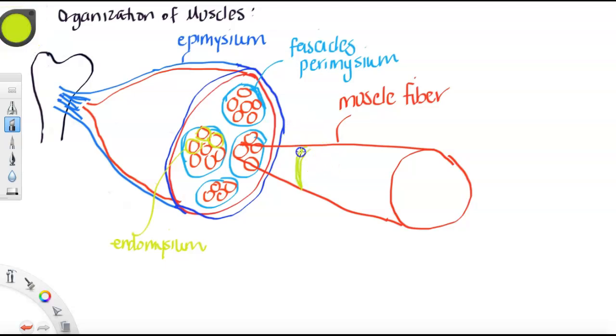So that's out here. Okay, so around the outside of it is endomysium. That inside part is the sarcolemma. Okay, so this is the sarcolemma, or plasma membrane.